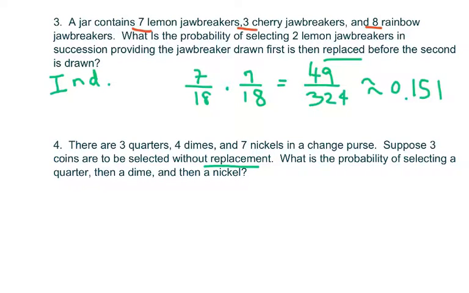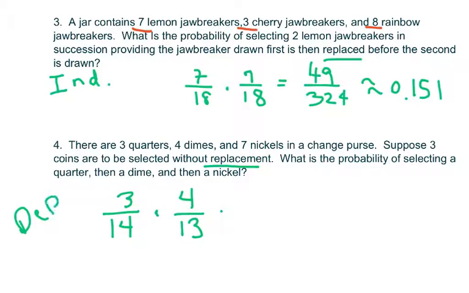In this case, we're not replacing. We have quarters, nickels, and dimes, and we're going to select 3 coins, and we want to select first a quarter, so that would be 3 out of 14, and then we want to select a dime. So in this case, we still have 4 dimes, but we only have 13 coins left. And this is dependent.